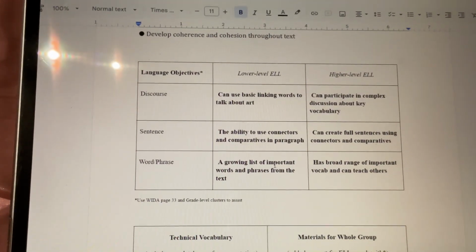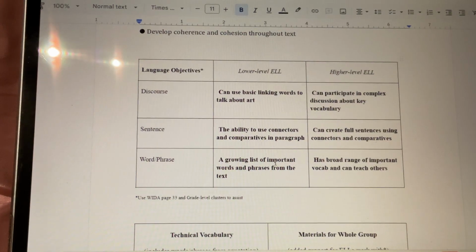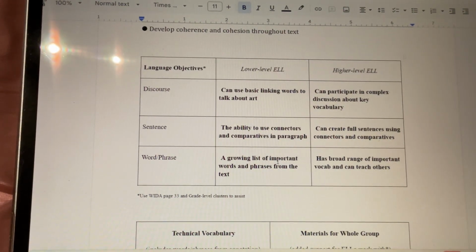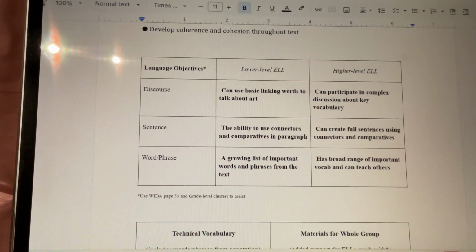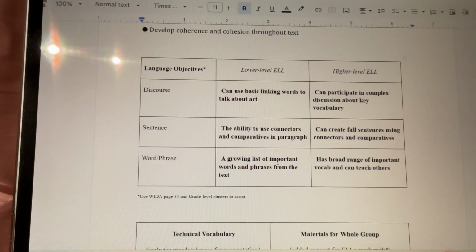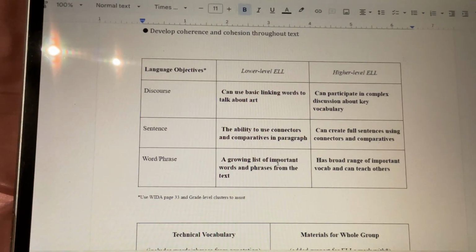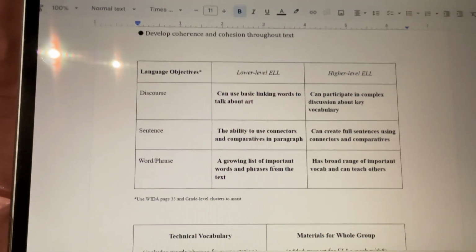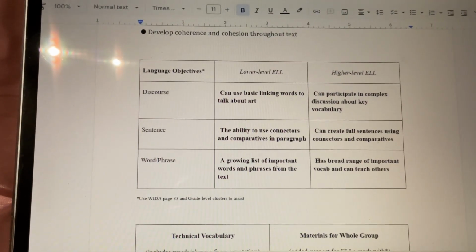For lower level ELLs, I would have them use basic linking words to talk about art, have the ability to use connectors and comparatives in paragraphs, and I might even do sentences if needed. A growing list of important words and phrases from the text, so it doesn't have to be a full list, but definitely growing.